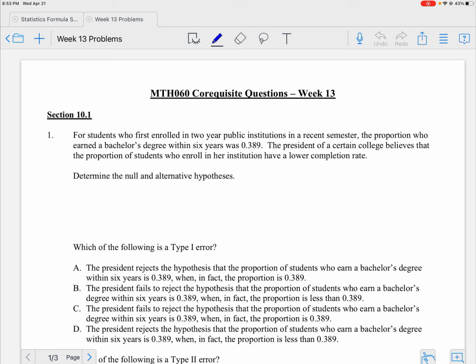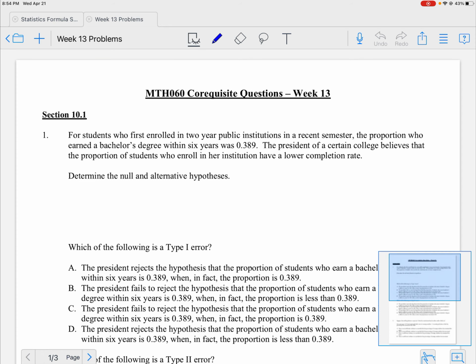10.1 is a lot of just information, right? So here's the vocabulary associated with this chapter so that you can go forward with your 10.2 and 10.3. So let's take a look here.